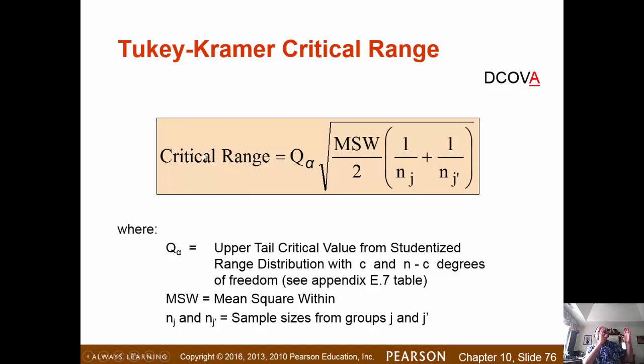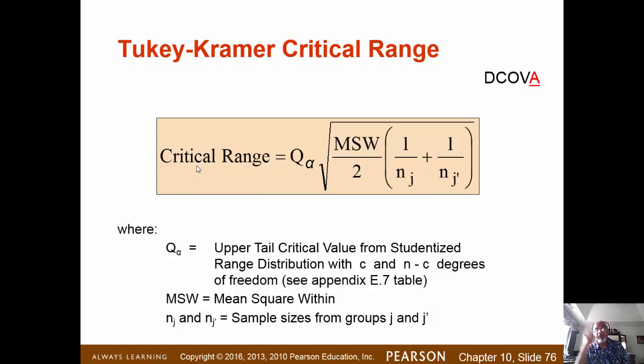So if the difference in the x bars for that pair, here j and j prime, you look at the mean for sample j and sample j prime, take the absolute value of the sample mean difference, then if that difference is greater than the critical range, then that pair is different.